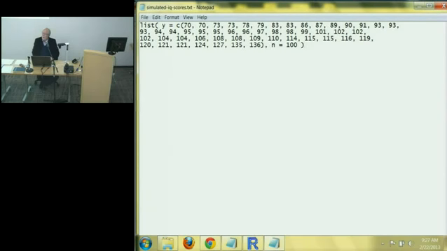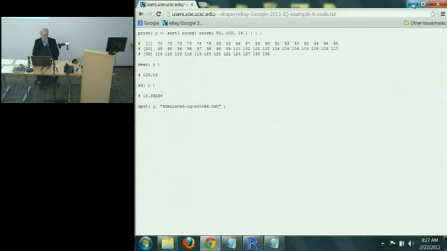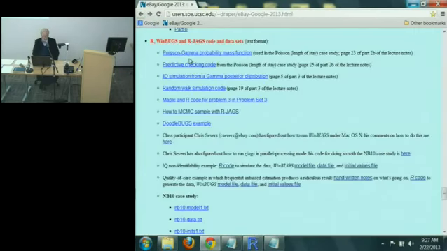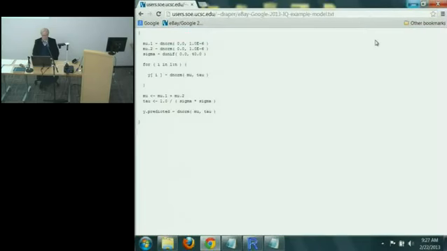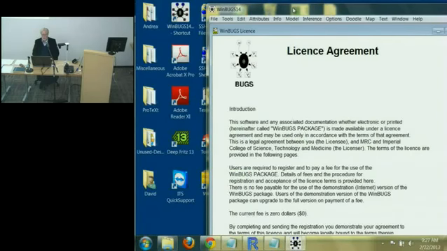So it's actually quite easy to take the output from R with the dput command and bring it directly inside your WinBUGS or RJAGS. So let me go ahead and grab the model file for the WinBUGS work, and I'll fire up a copy of WinBUGS. I'll show you what I have in mind.